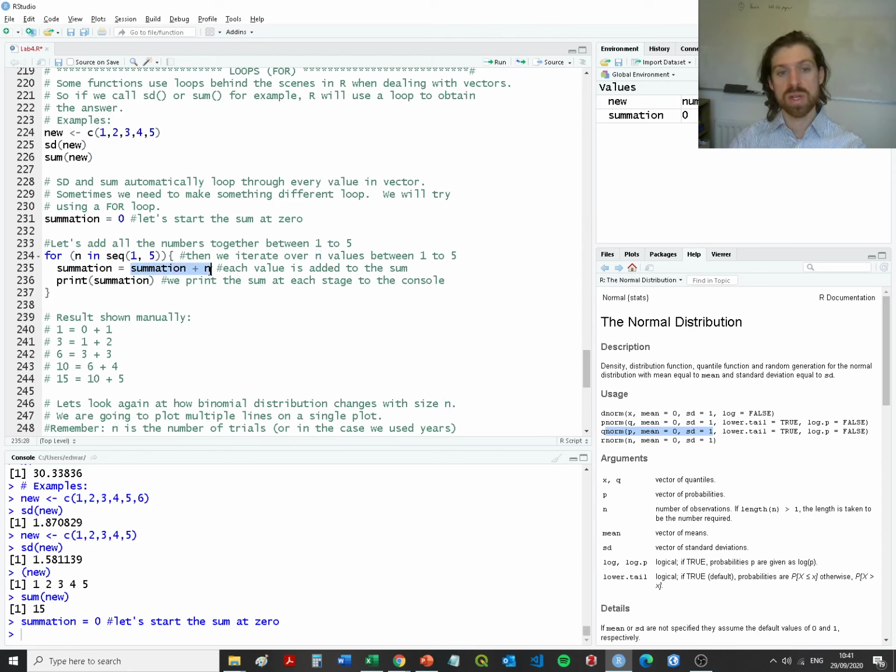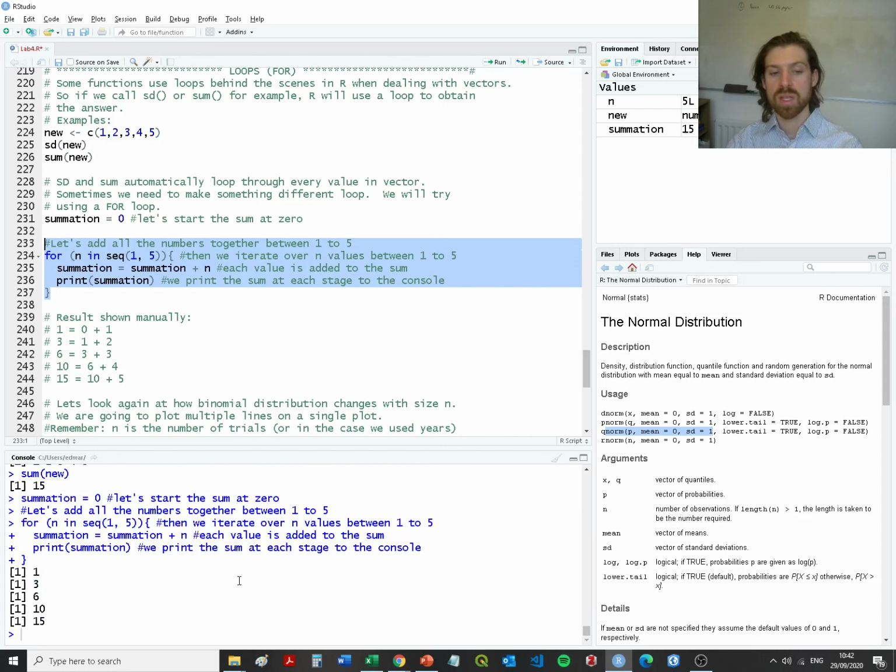Here, summation is 0 to begin with, and n then takes the number 1. So 0 plus 1 is 1, as I've shown manually here. Then I'm going to print it to the console, so that you're actually able to see the numbers produced at each step.